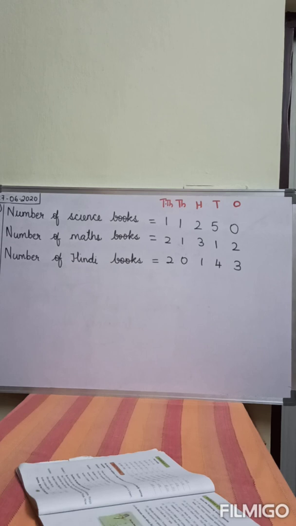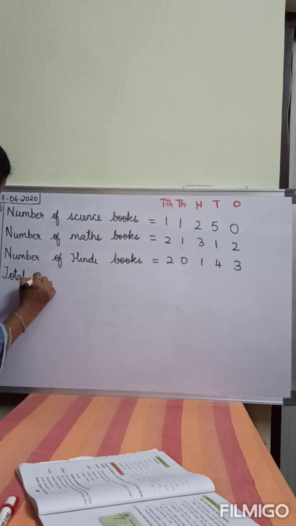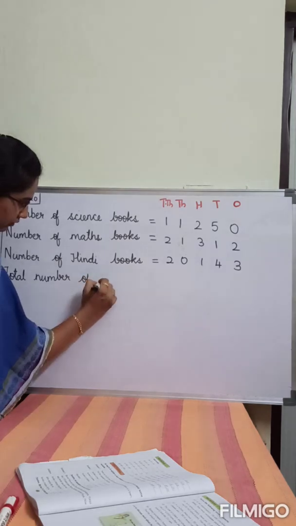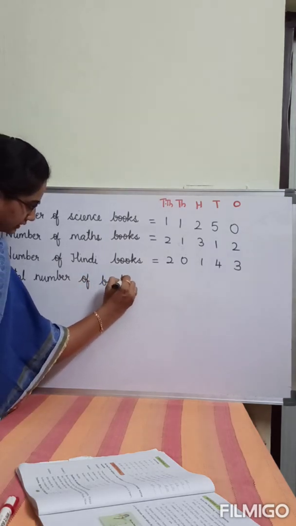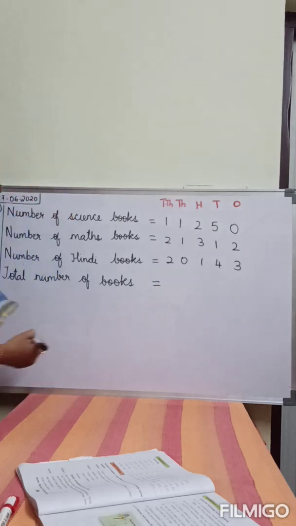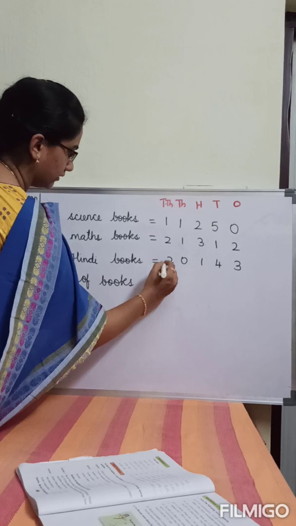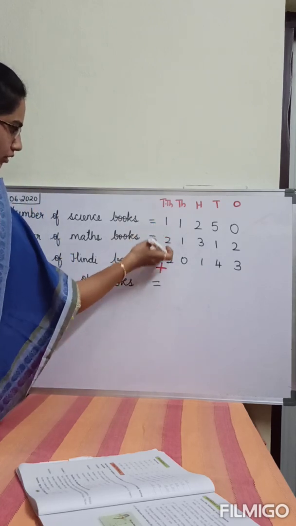Okay. Next, find the total number of books in the library. Underline total number of books. When I say total, I have to add the given numbers. Now I am going to find out total number of books in the library, or you can just write total number of books is equal to, I will add first two or second two or all of the three.